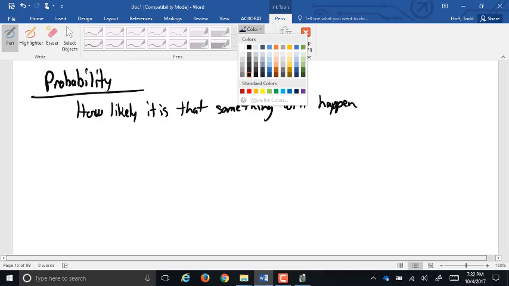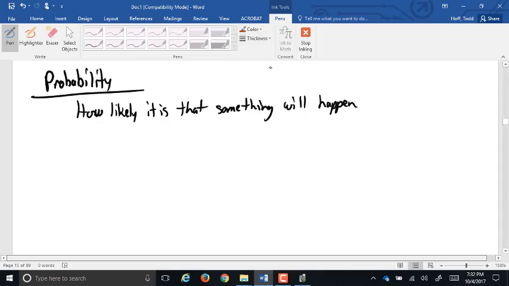Now, there's a lot of technical jargon and vocabulary in probability that I'm not going to get into here. We're just going to cover the basics, like I said, about a 15 or 20-minute crash course in probability. There are 3 types of probability.